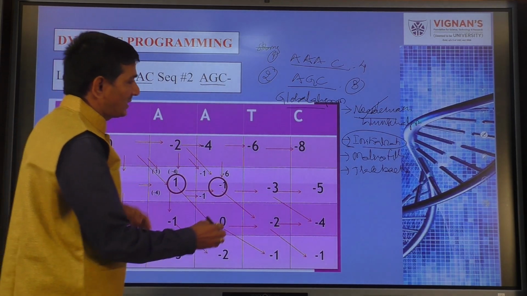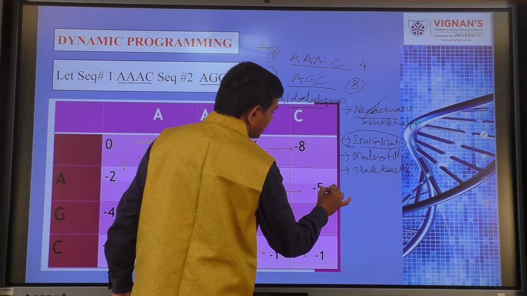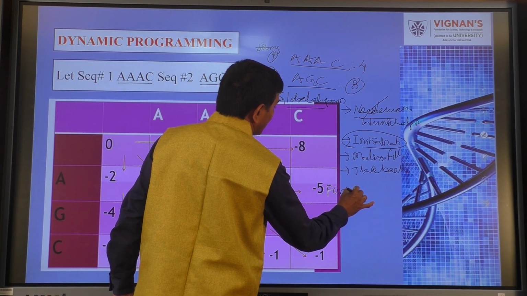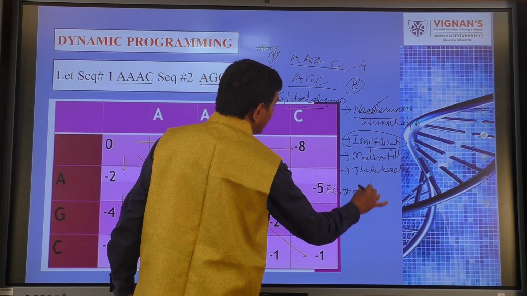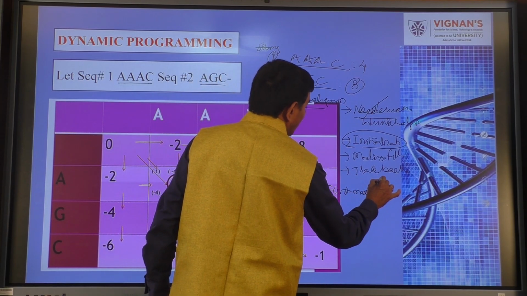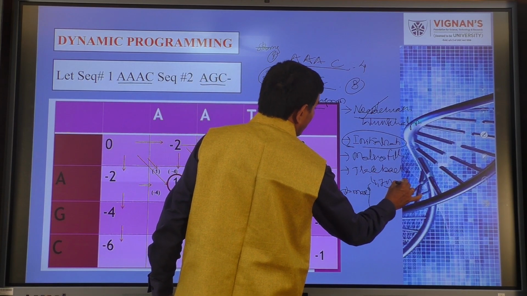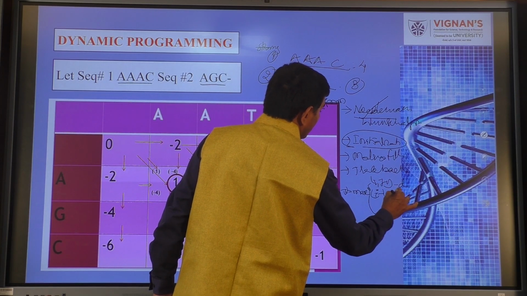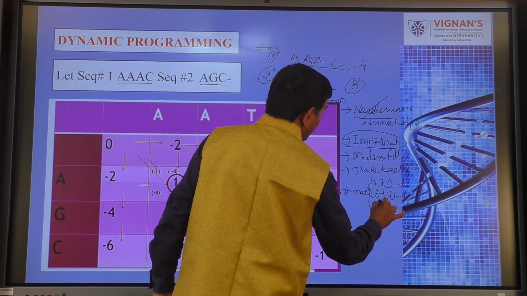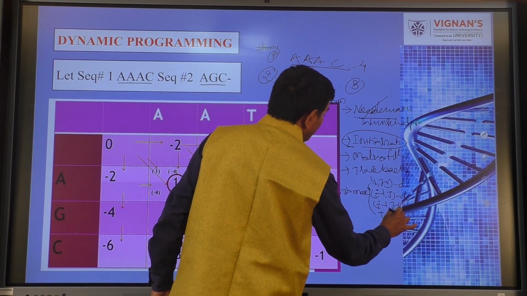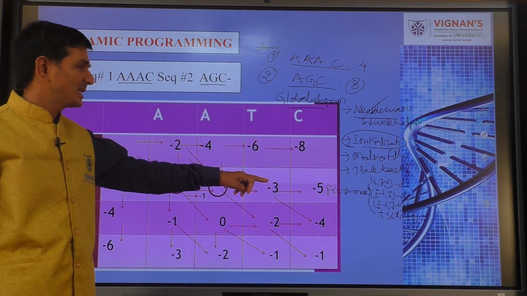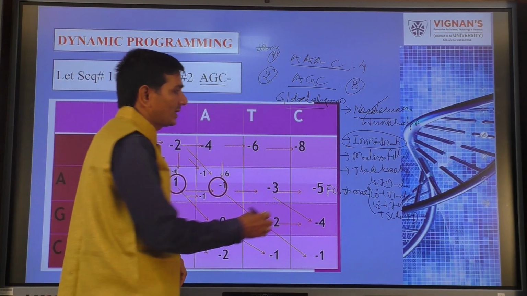The algorithm used for carrying out this global alignment is the Needleman-Wunsch algorithm. As we have seen in the previous slide, it specifies 3 conditions: f(i,j) equals the max of f(i,j-1) minus d, f(i-1,j) minus d, and f(i-1,j-1) plus s(xi,yj).